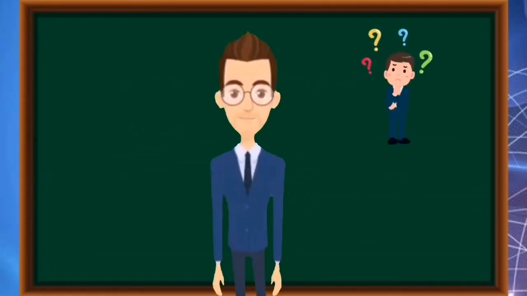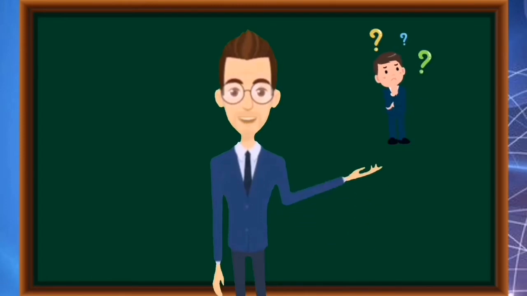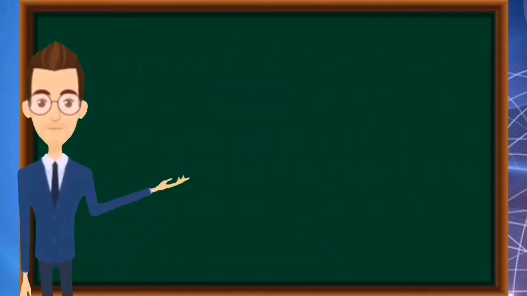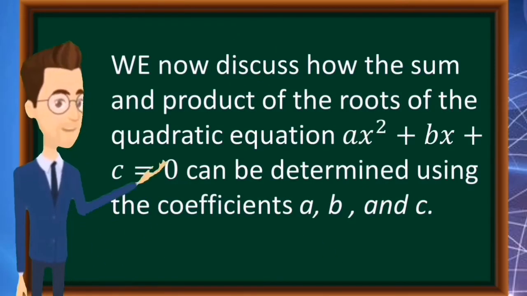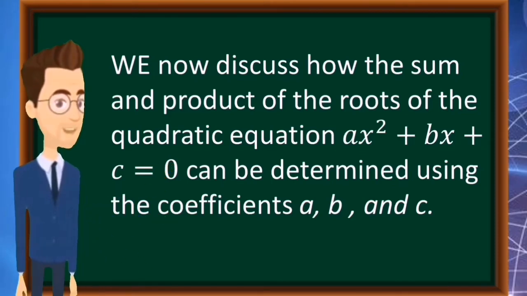I know you're thinking about the relationship between them. So now we have to discuss how the sum and the product of the roots of the quadratic equation ax squared plus bx plus c is equal to 0 can be determined using the coefficients a, b, and c.